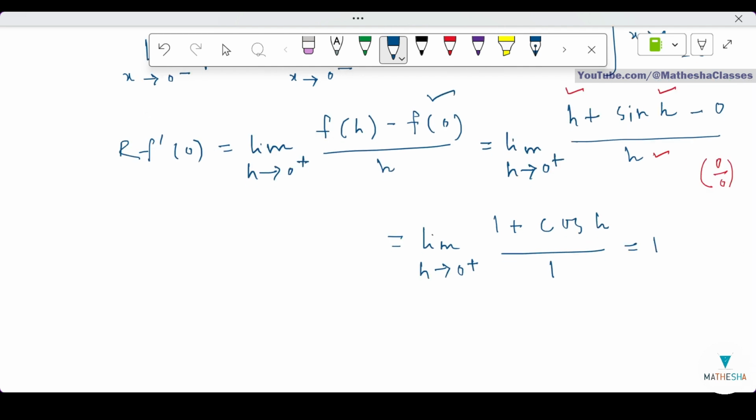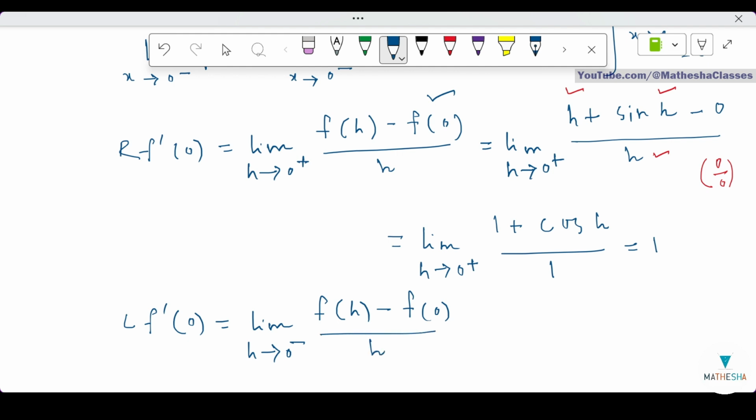Now let us calculate the left hand derivative. The left hand derivative at 0 will be calculated as the limit h tends to 0 minus of f(h) minus f(0) by h.